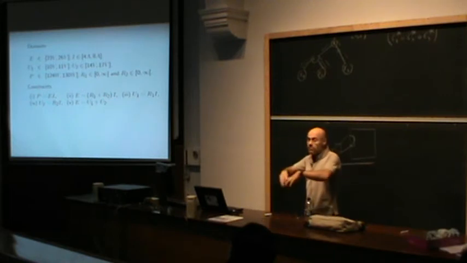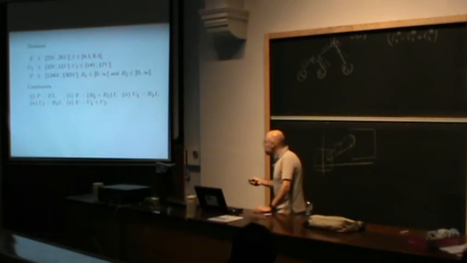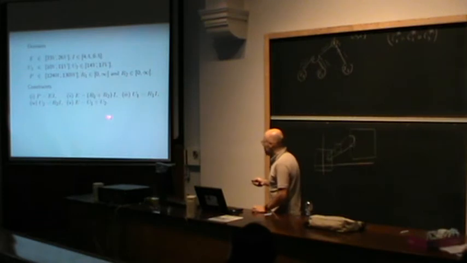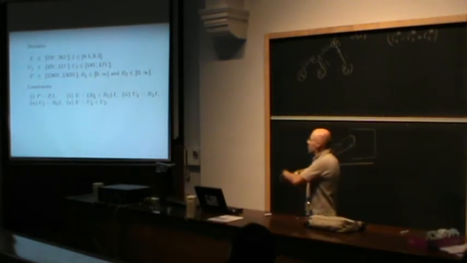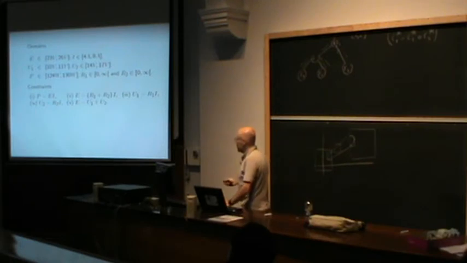But I don't care. Most of the time the experiment is so complicated that sometimes I miss constraints and sometimes I have redundant constraints. It's difficult to have exactly the good number of constraints, but I don't care. I just put all the constraints I know here.